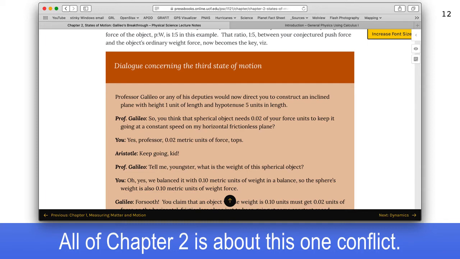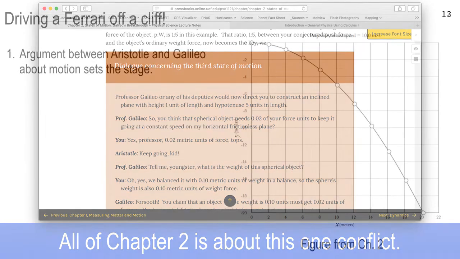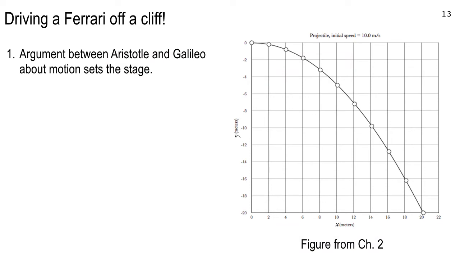It's not from Galileo, who wrote dialogues as well. It's actually kind of a cool way of discussing concepts. So I have a little short one in there. But let's think about that Ferrari driving off a cliff. Okay. And here's a diagram from chapter 2. Sorry, I can't put a page number because the ebook version doesn't have page numbers. But it's in there, chapter 2.